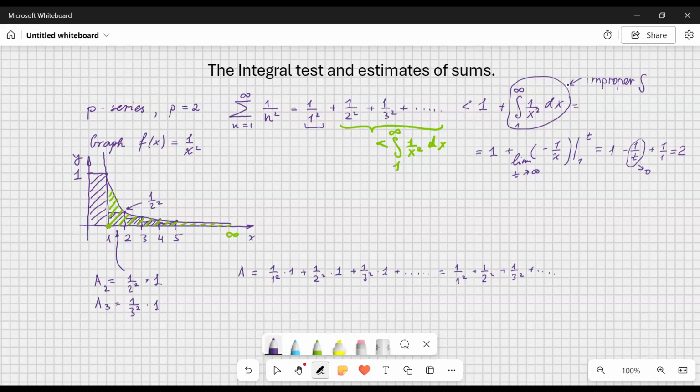So I can actually tell that my sum is less than 2. Wow, can it go to infinity? Well, kind of obvious that because the sum is less than 2, it will not go to infinity. It's going to be limited by 2.